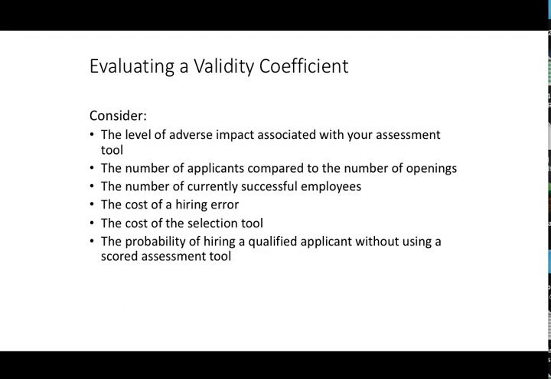Now, we know that there are some tools that have an adverse impact, that males will perform better than women and minorities on certain tests. Cognitive ability tests tend to be them, mostly because the cognitive ability test tends to have a bias towards a white male perspective.